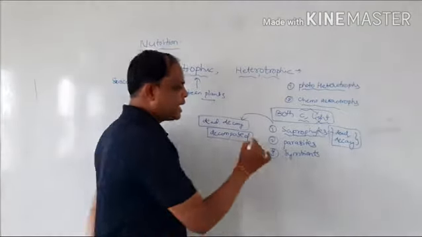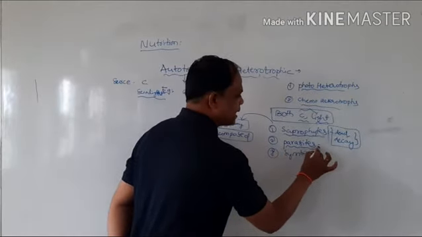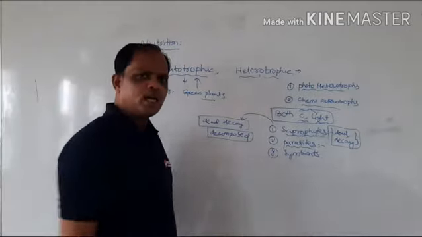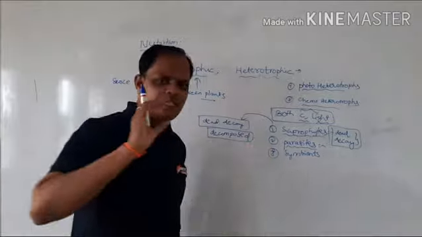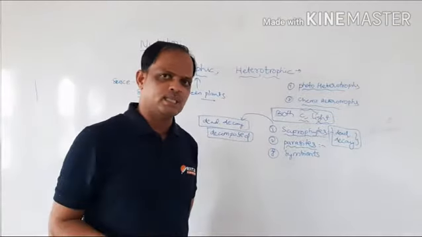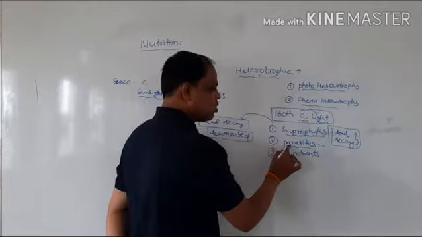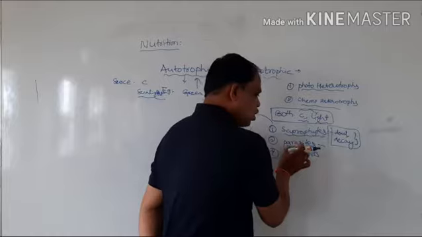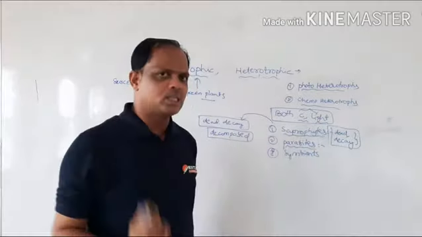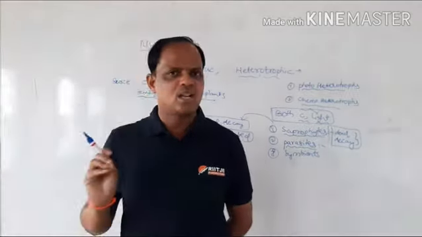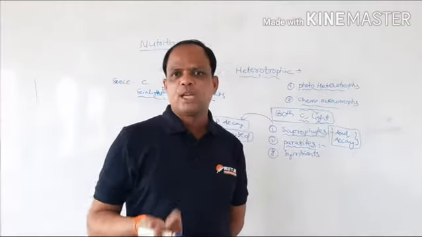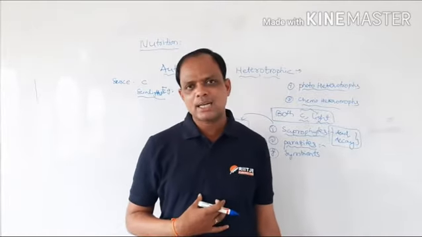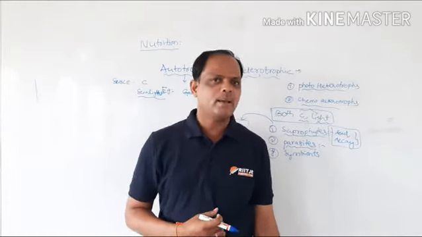Right, this is the chemoheterotrophic organism. And the next one is parasites. Parasites are organisms that are directly dependent on host organisms. Such bacteria are called parasites. For example, some are not harmful to the host cells. In our human beings, our intestine contains E. coli bacteria.